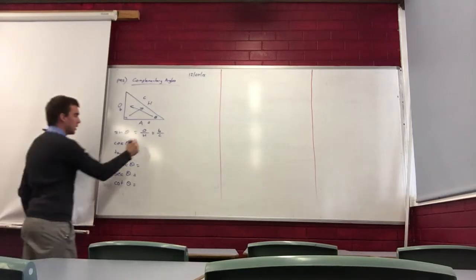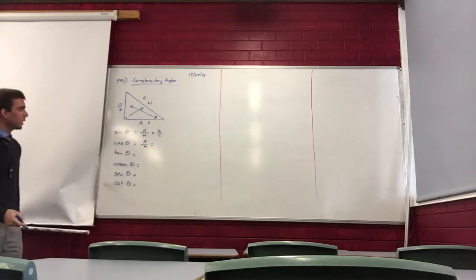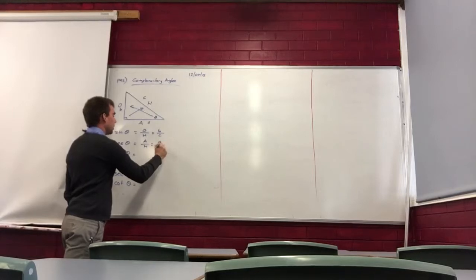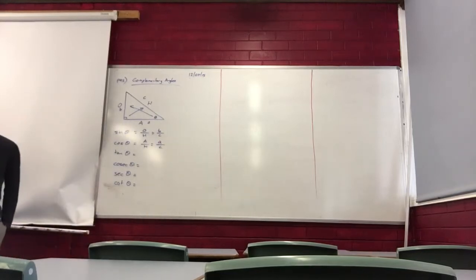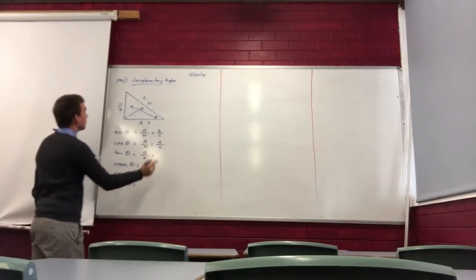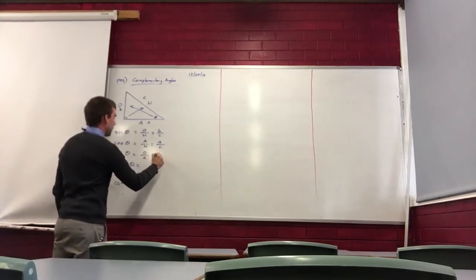Cos theta, we should know these ratios. You've done the trig the last couple of years as well. Cos theta is going to be adjacent over hypotenuse, which is little a over little c. And tan theta is opposite over adjacent, which is B over A.